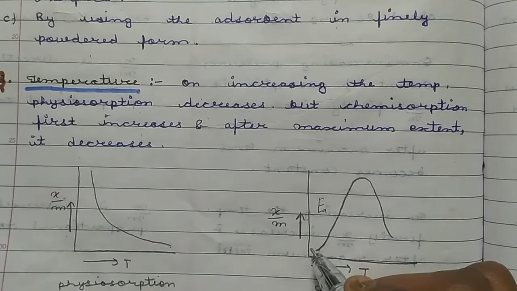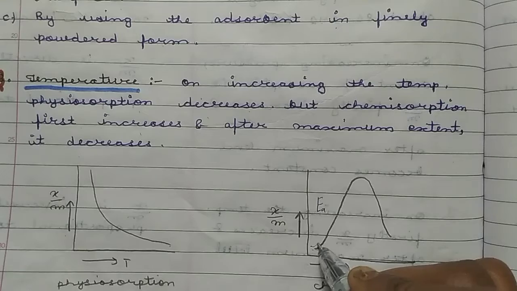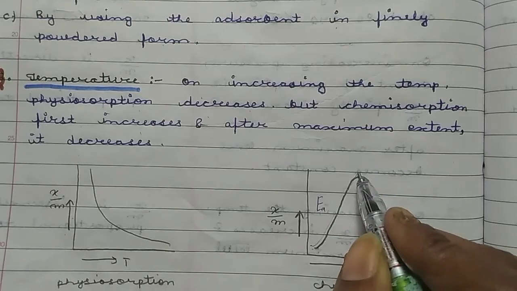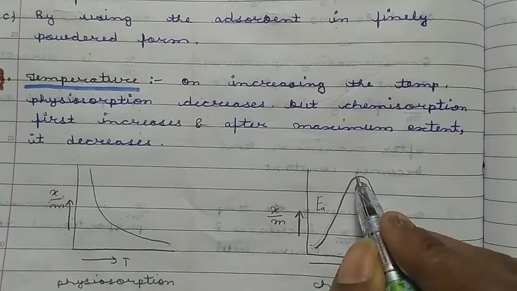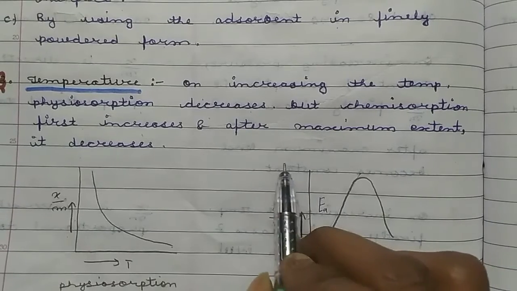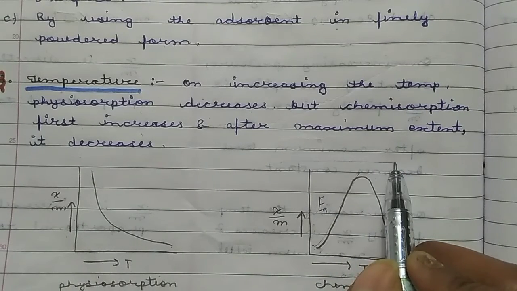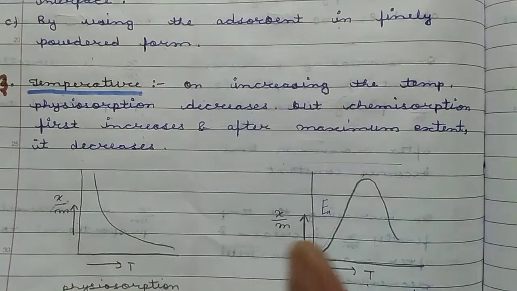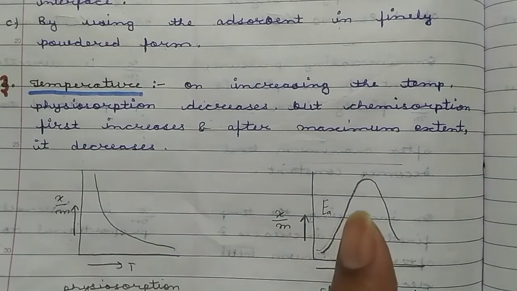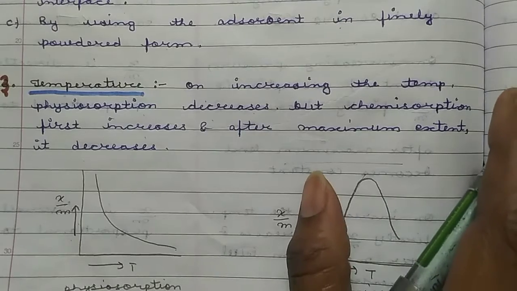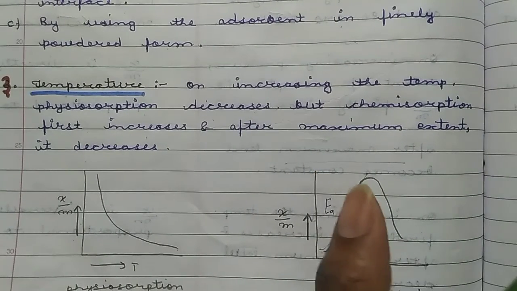So in the initial condition, the extent of chemisorption increases, and after the maximum it decreases, meaning all the active sites for chemisorption on the adsorbent surface are occupied, and then there is no further increase in the extent of adsorption due to temperature.